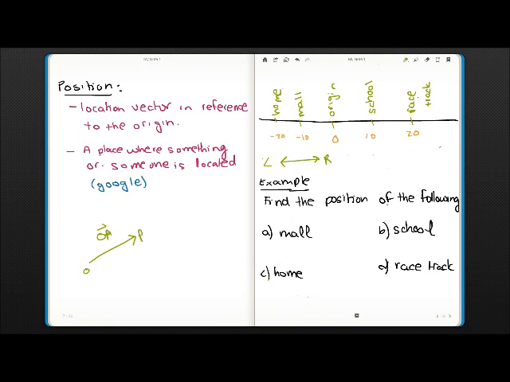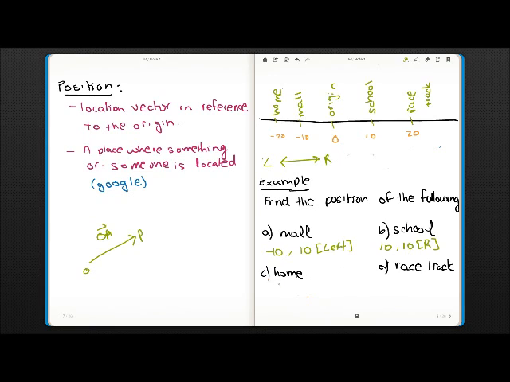So find the position of the following. The position of the mall would be minus 10 of the origin. So you can either write minus 10 in the answer, or you can write 10, but you have to put left, or you can just say L in the brackets. B, the school is plus 10, so it'll be just either 10 or 10 right.